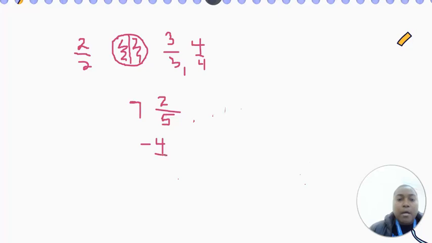And so we're going to take 1 whole from those 7. So the 7 now becomes a 6. And we took the part, let's go ahead and draw a picture. So that becomes a 6. And since it's still 7, we need to break up that one whole into a fraction. It will be 5 over 5, or 5/5.